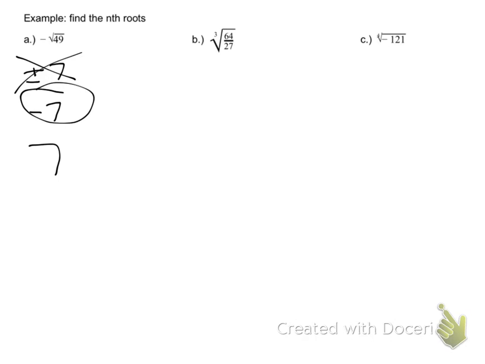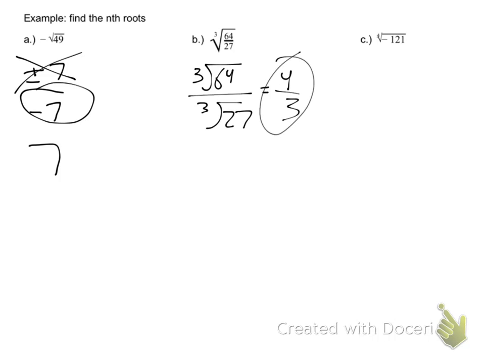So that means I should have the cubed root of 64 over the cubed root of 27. Then you just have to ask yourself, what's the cubed root of 64? It's 4. Cubed root of 27? 3. Your answer is 4/3. No, wait a minute, because all odd roots only have one solution.